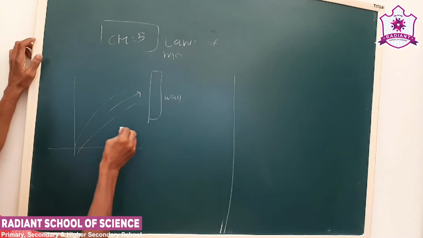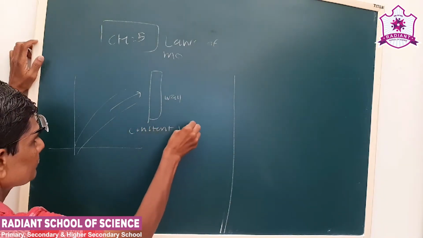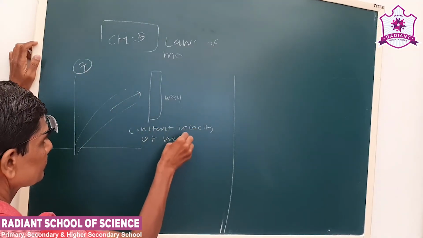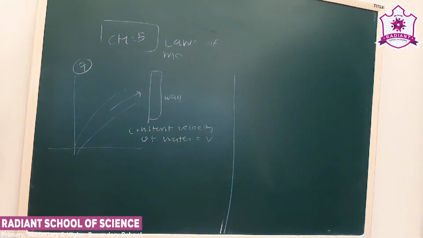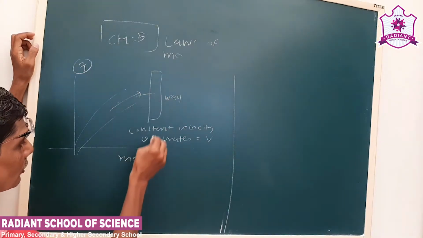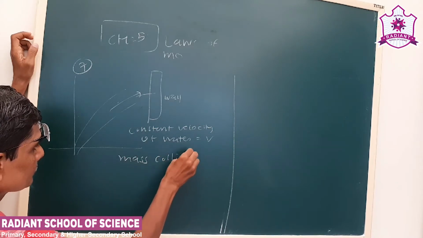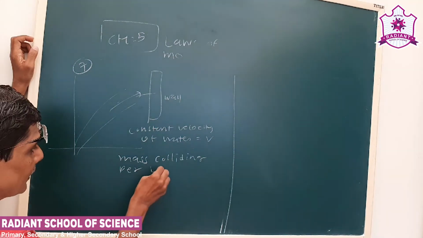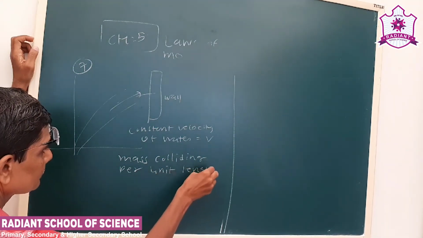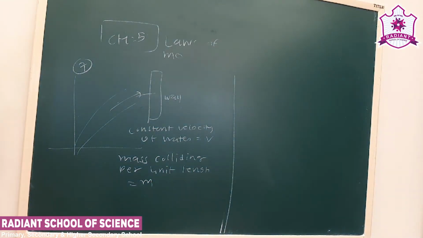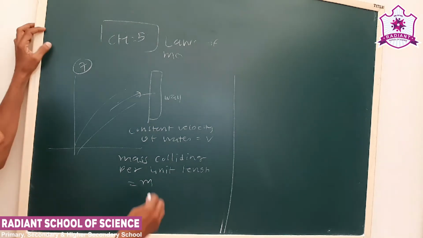Okay, now see the constant velocity V. See the mass colliding to the wall for unit time or unit length of the wall is m. Okay, so what is the force exerted on the wall?